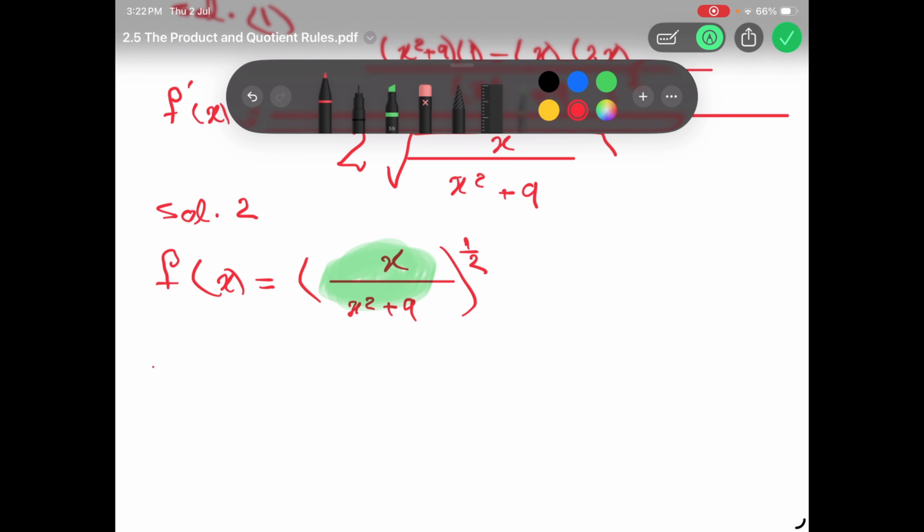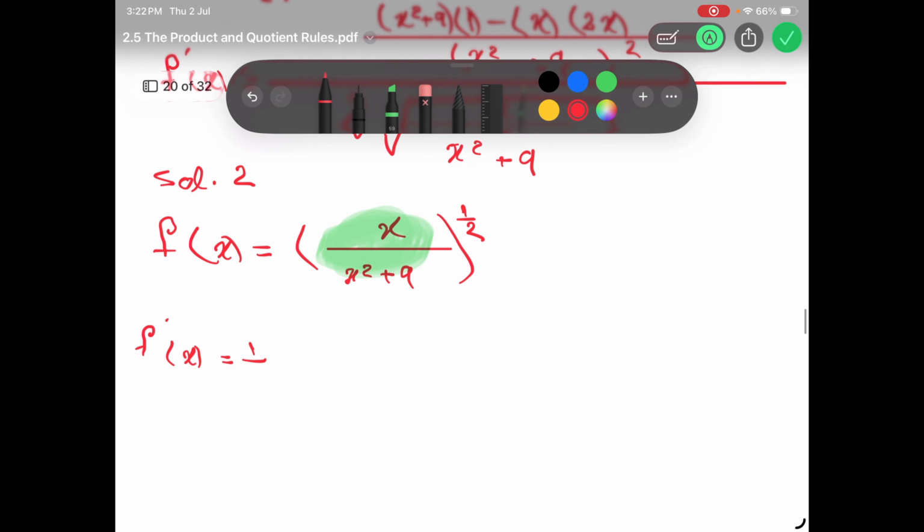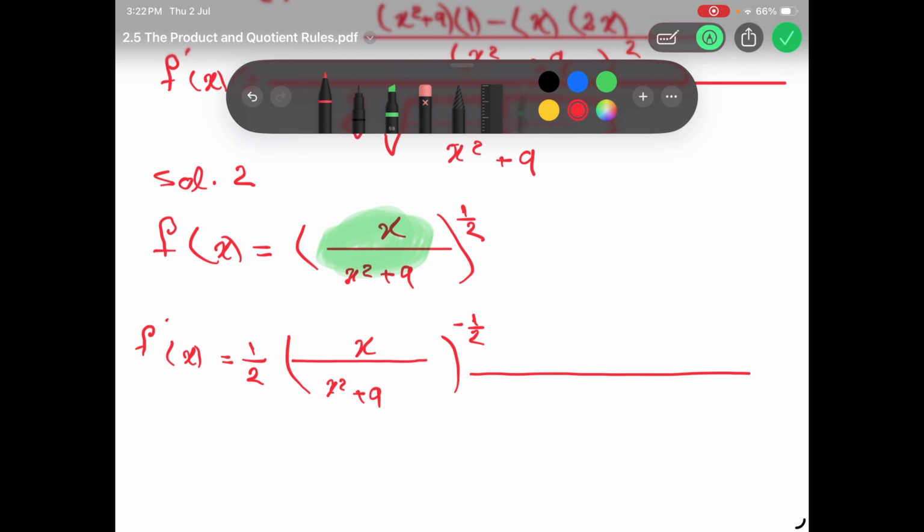So what is f prime of x? f prime of x is to drop this power, 1 over 2, then keep the inside function x divided by x squared plus 9, and I will reduce this power by 1, so it will be minus 1 over 2, times the derivative of the inside function.